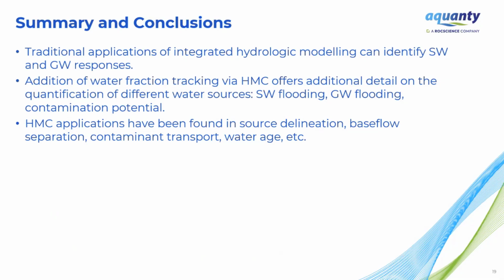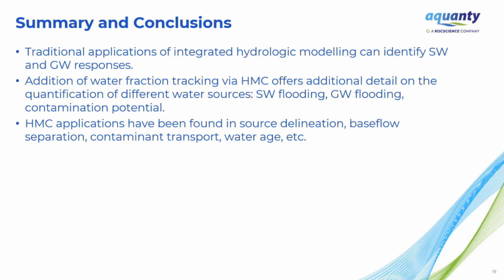I started the presentation looking at what I would call traditional applications of integrated hydrological modeling, where you can look at surface water and groundwater responses. But where HMC really showed its strengths in this example is that you can differentiate the water sources with the tracking.